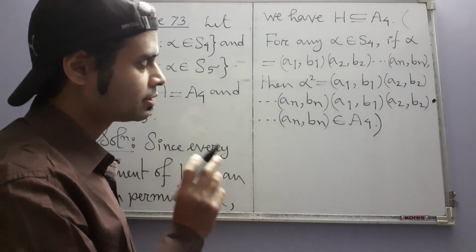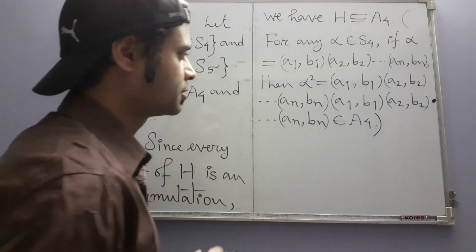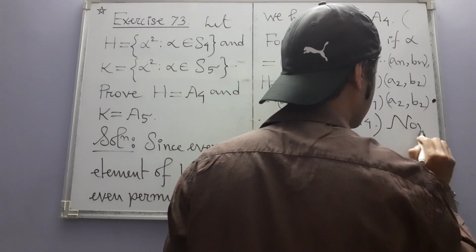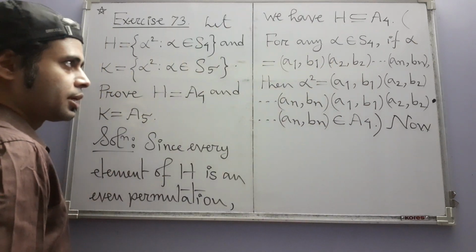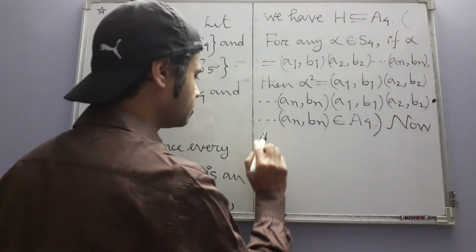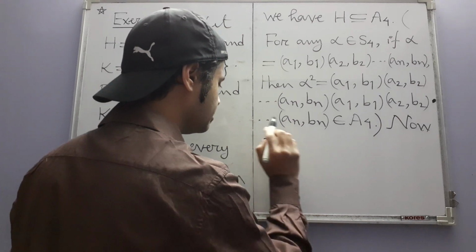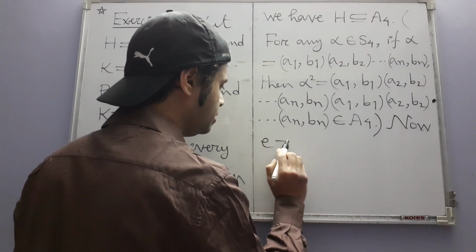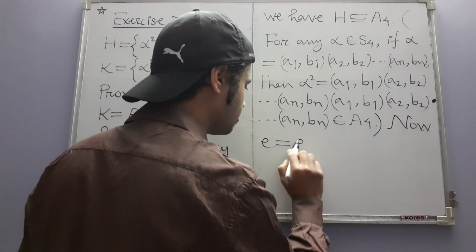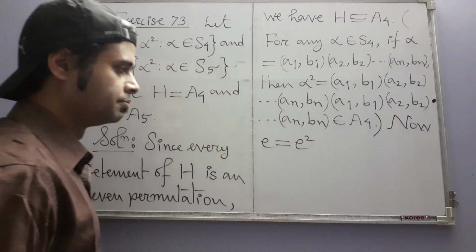So we are going to concentrate on the cycle structures themselves. Now the identity element of course is a square, it's the square of itself, that is, e, the identity permutation, is equal to e squared.